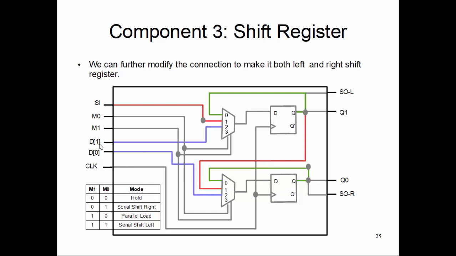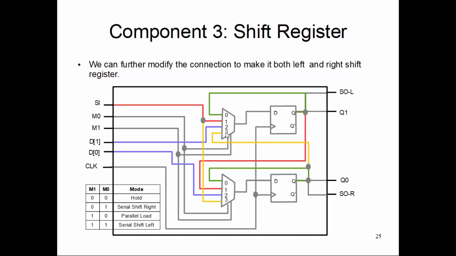So scan in, the same scan in, I send it to terminal 3 of the lower multiplexer, which drives the lower flip-flop for Q0, and the output of Q0 is connected to terminal 3 of the upper multiplexer, which in turn goes to the flip-flop associated with Q1. So Q0 is flowing towards Q1, which is practically your shift left.